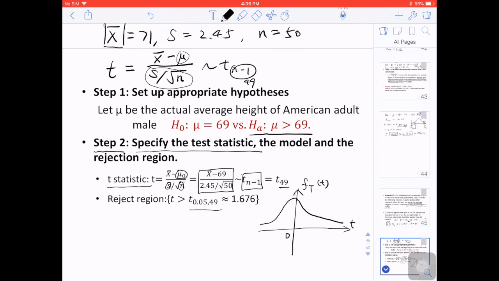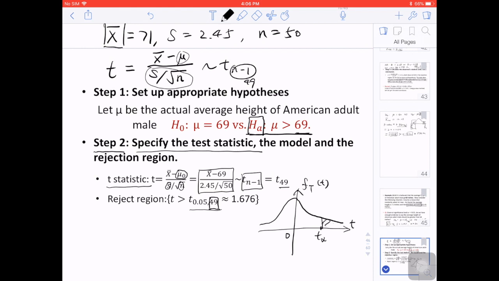It's very much like the standard normal distribution, but it also has degrees of freedom. When the degrees of freedom of the t distribution go to infinity, the t distribution is the same as the z distribution. But here it's not. Here the degrees of freedom is equal to 49. So when your alternative hypothesis is that the parameter of interest is larger than something, the rejection region will be like this.